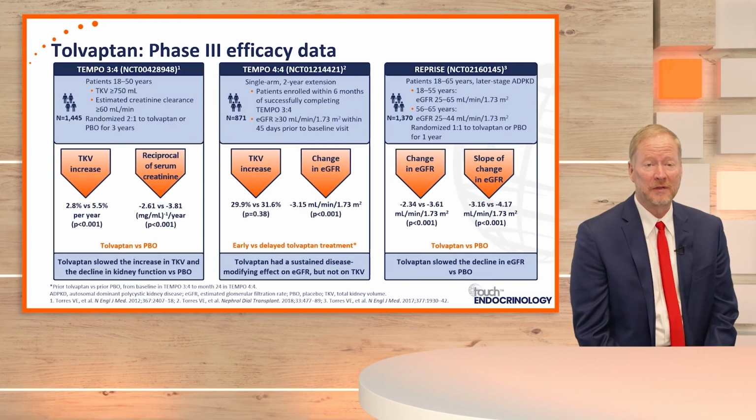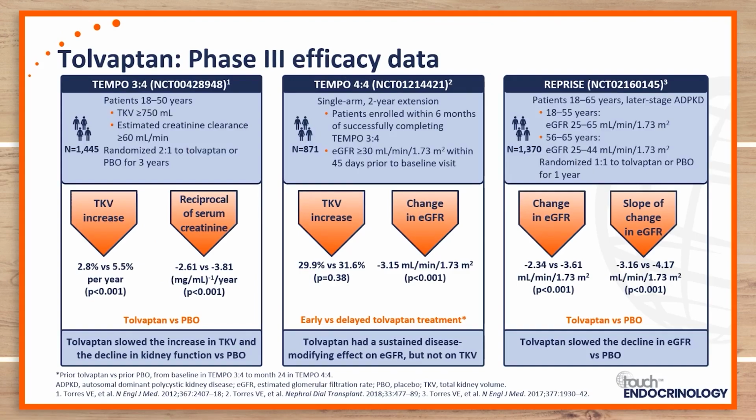There were three important clinical trials of Tolvaptan. The TEMPO 3-4 trial looked at the increase of total kidney volume as well as serum creatinine measures. And what they found there is that Tolvaptan slowed the increase in TKV and also the decline in kidney function. TEMPO 4-4 also looked at the rate of TKV increase as well as the change in eGFR.